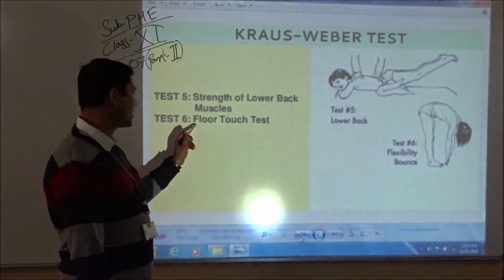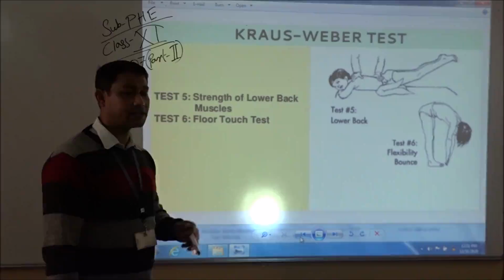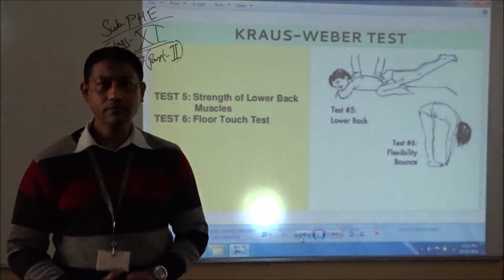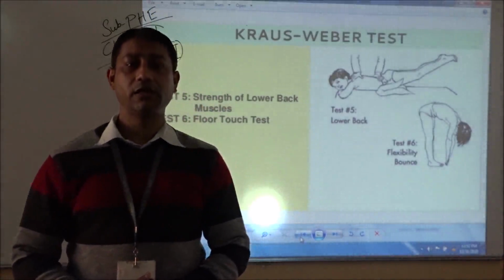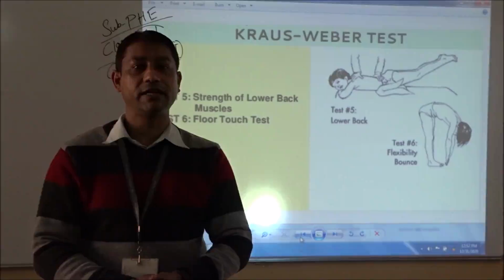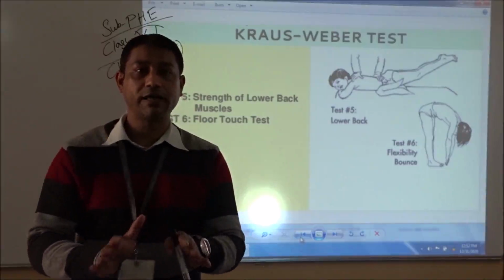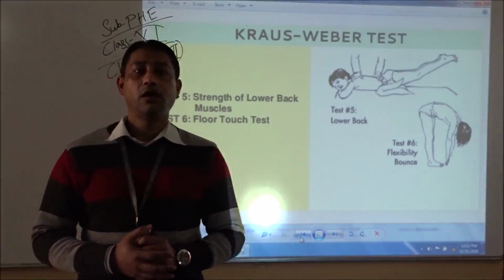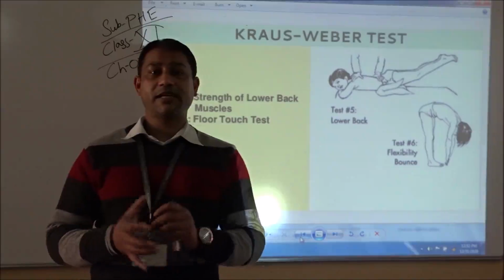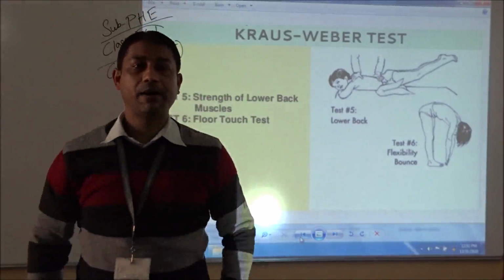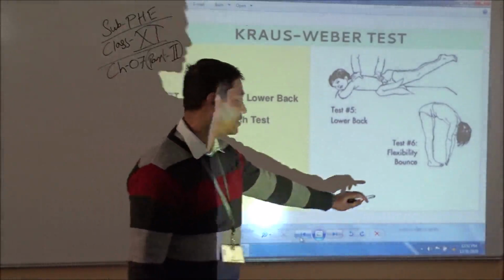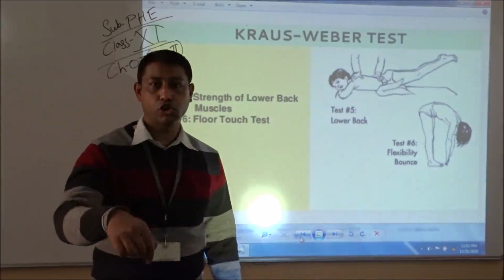The last one is test number 6, that is the floor touch test. Here, as you can see in the image, the subject first of all needs to stand barefooted. Barefooted means without any shoes, without any slippers on the floor. Then the subject needs to bend his upper body and try to touch his fingertips to the toes.